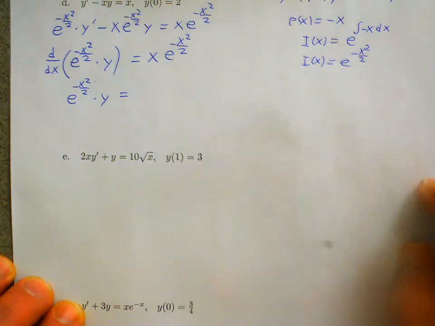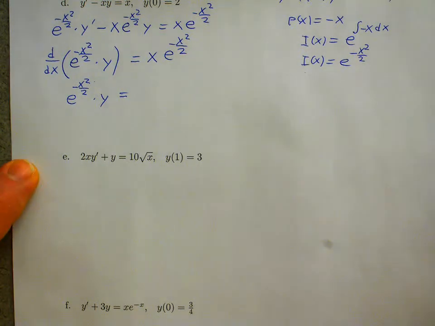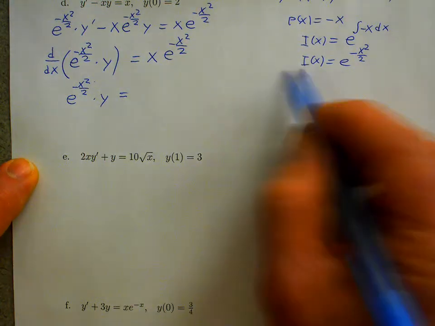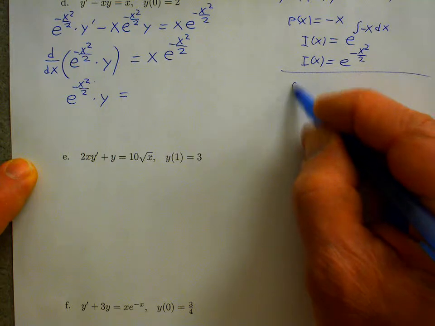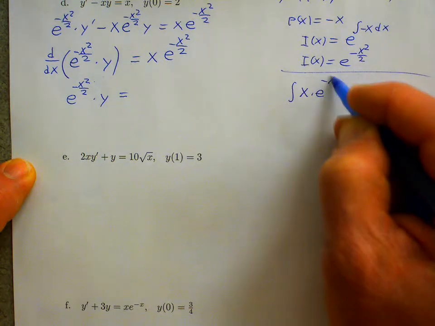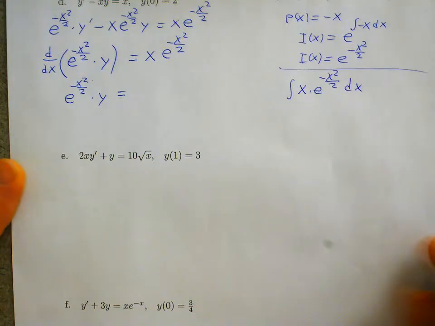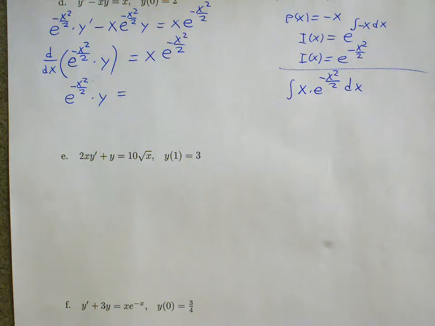And what about the integral of the right-hand side? So if we look at that in isolation, x times e to the negative x squared over 2 dx. How should we go about integrating that?